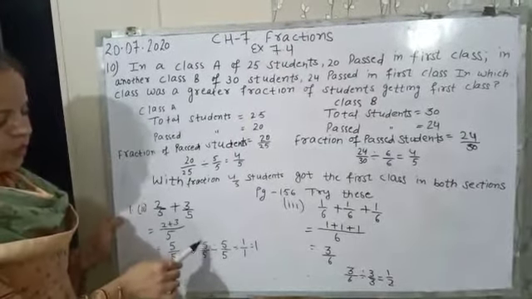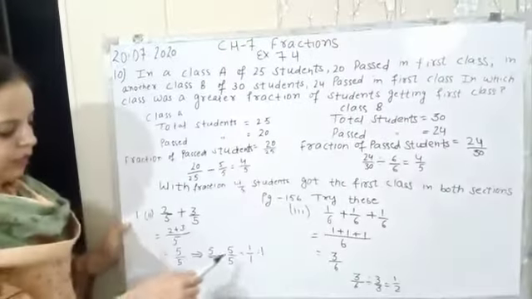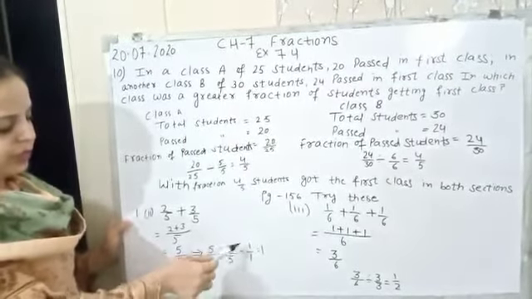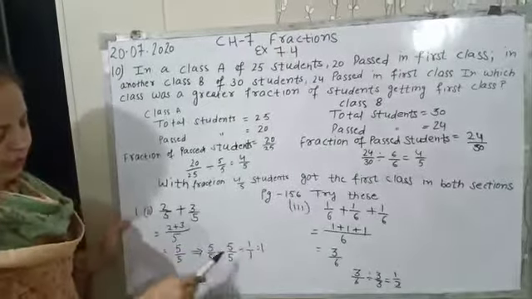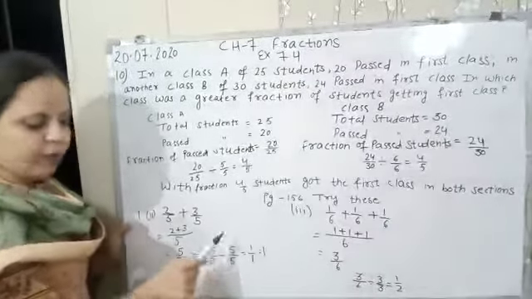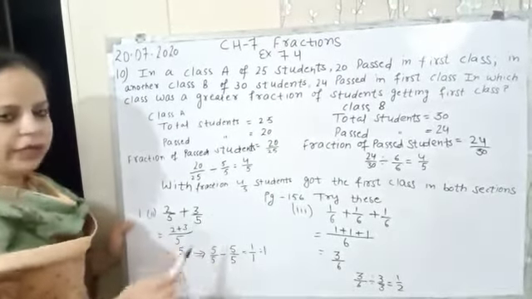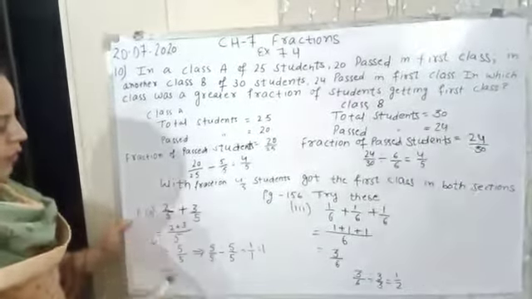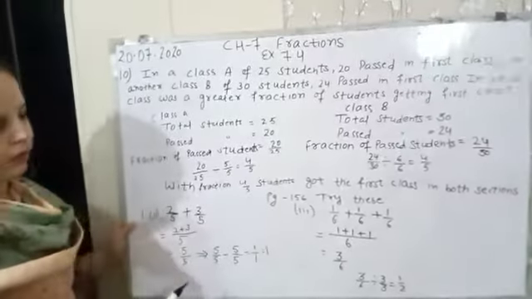That's why this fraction 5 by 5 we will divide again by 5 only. When you divide, it comes as 5 ones are 5 on the numerator and 5 ones are 5 on the denominator. 1 by 1, and in the denominator 1 has no value, so the answer will be only 1. Means when we find the addition of these like fractions, the answer comes as 1.